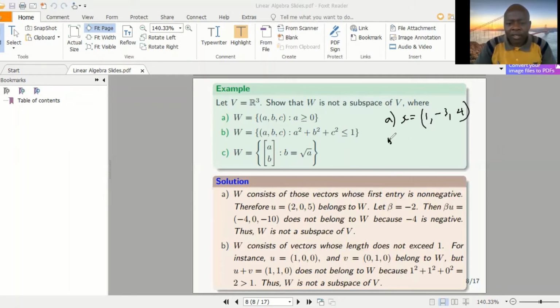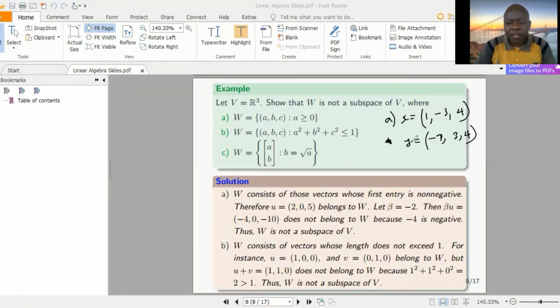What about this vector? Does it qualify? This one does not qualify because the first element here is negative 7. The first element is supposed to be greater than or equal to 0.